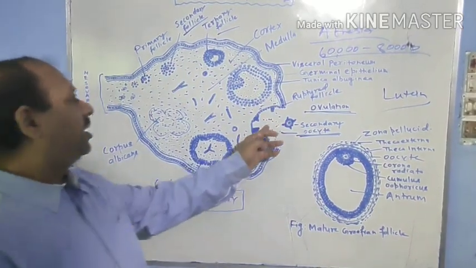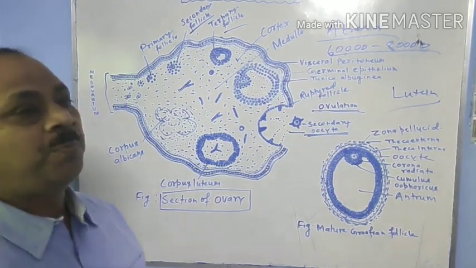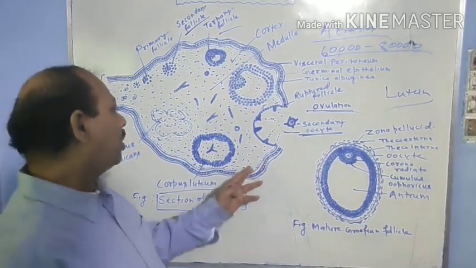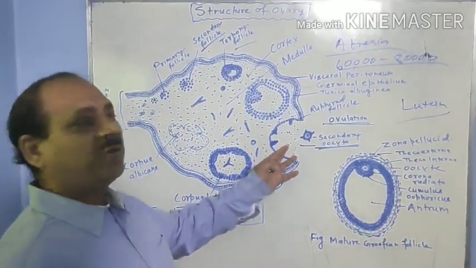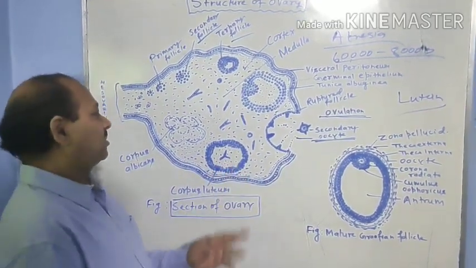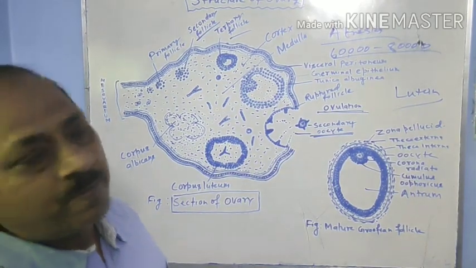The cavity of follicle is filled with a fluid. Later on, ruptured ovarian follicle forms a structure known as corpus luteum.